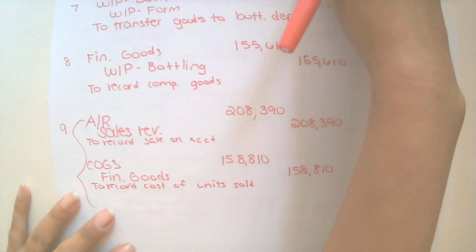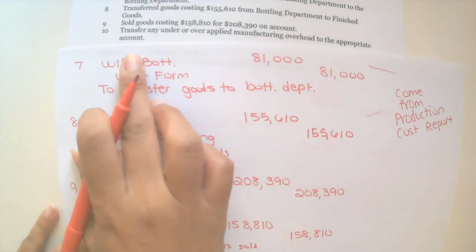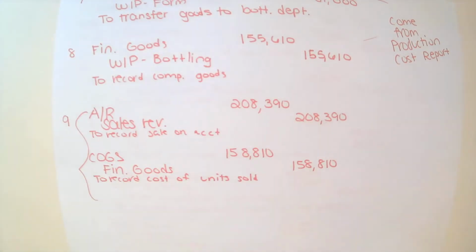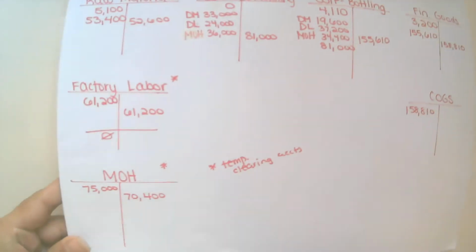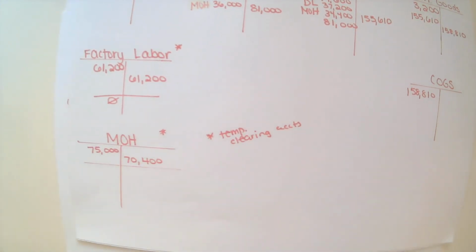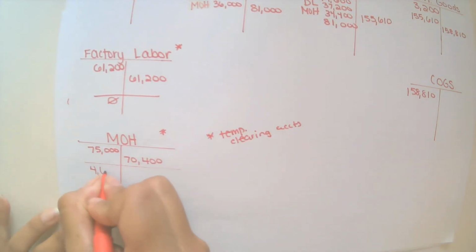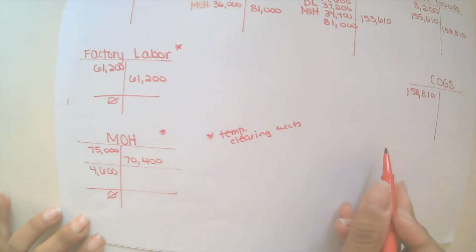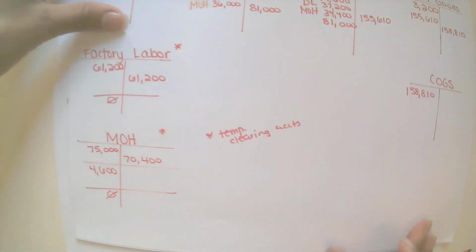Now we just have to transfer any under or over applied manufacturing overhead. Well, let's figure out if we are under or over. Looks like the bigger amount is on the debit side, so that means we were under applied by 4,600. This account needs to get to 0, so we need to credit MOH. The offset's going to be cost of goods sold.